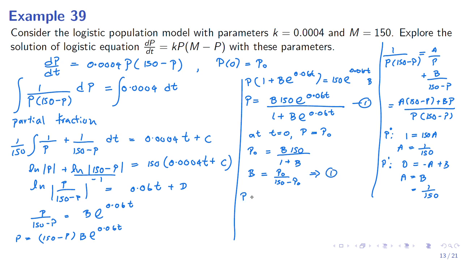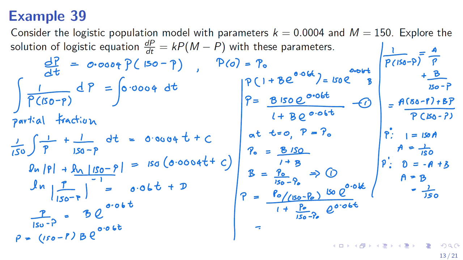Let's apply this to equation 1. Then we'll get p equals p naught upon 150 minus p naught times 150 e to the 0.06 t, divided by 1 plus p naught upon 150 minus p naught, that's beta, e to the 0.06 t.